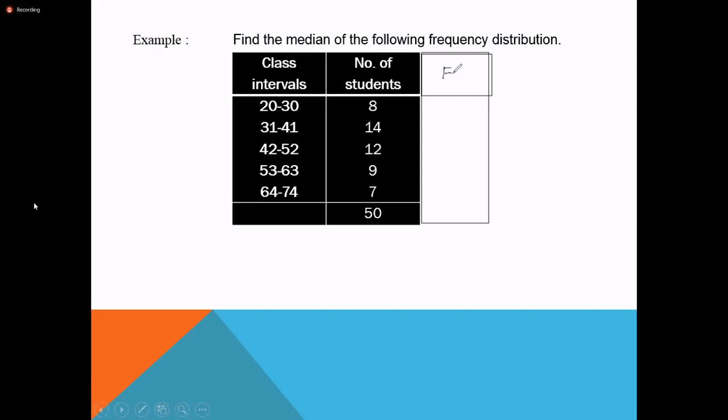F කියලා ගන්න. මොනවා C cumulative frequency කියන එක මෙහෙම දාන්න පුළුවන්, F or CF. So then you have to get the up to total value of the F column. F column එකේ, in the first class interval there are 8 numbers.